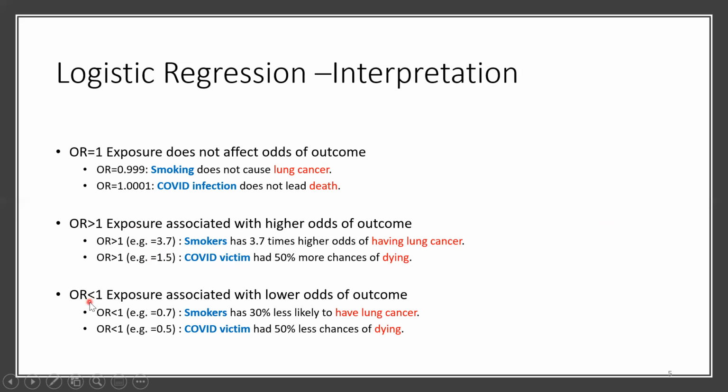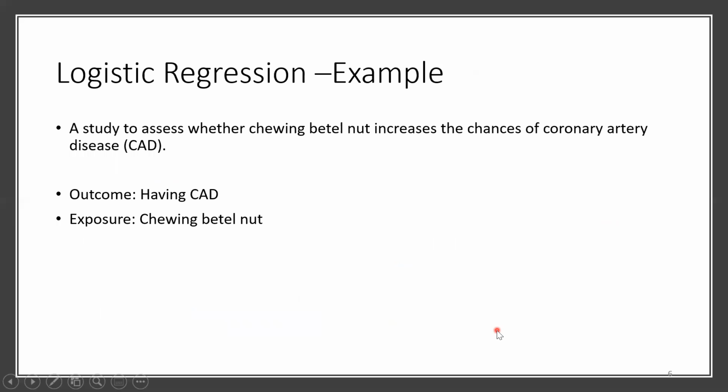If the odds ratio is less than 1, we say the exposure is negatively associated with the odds of the outcome. For example, if the odds ratio comes out to be 0.7, we say smokers are 30% less likely to have lung cancer as compared to non-smokers. If the odds ratio comes out to be 0.5, COVID victims had 50% less chance of dying as compared to non-COVID victims.